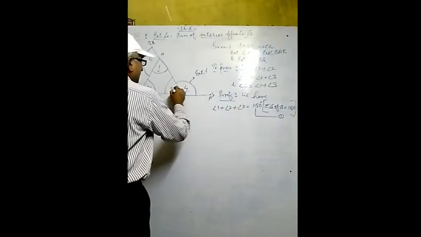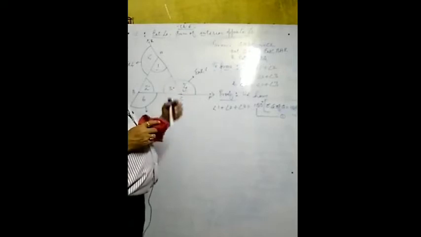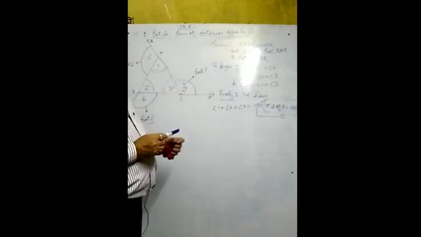Now mark angle 3 and angle 4. Both form a linear pair, and you know a linear pair is always supplementary.